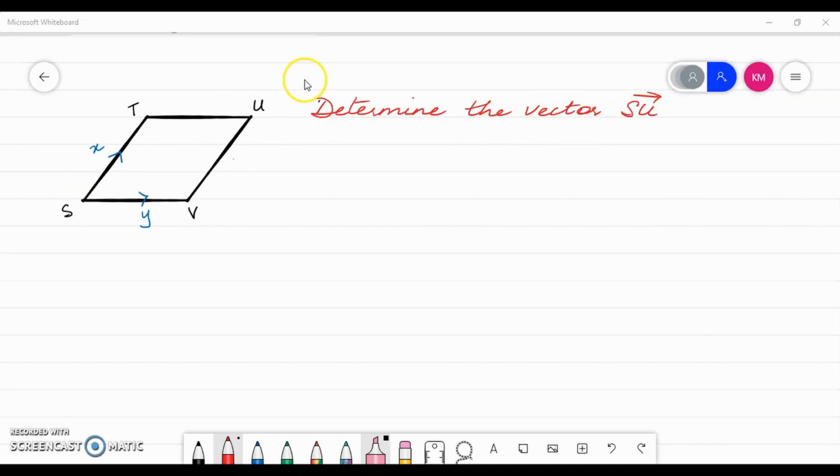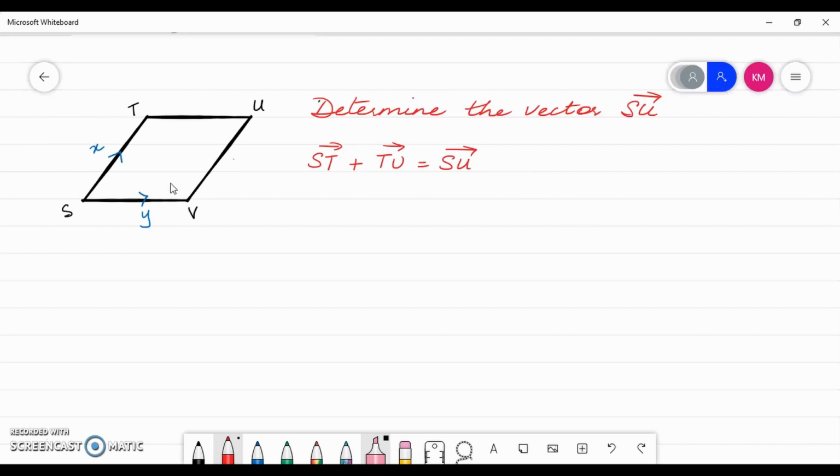To get from S to U, I can take the path S to V and then V to U. Or I can take the path S to T and then T to U. Now, any path that you take, you are going to end up with the same resultant vector. So let's take the path S to T and then T to U. And remember, this is going to result in S to U.